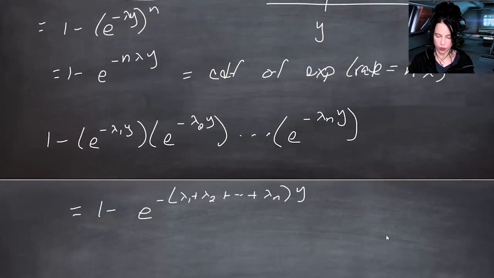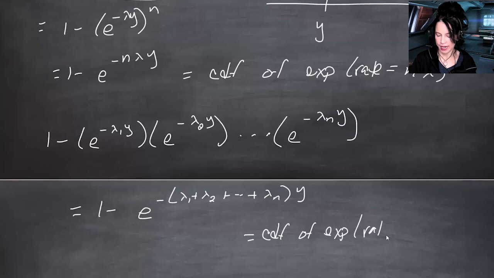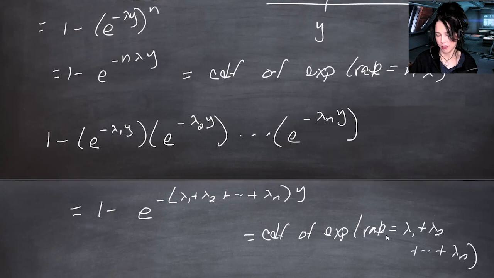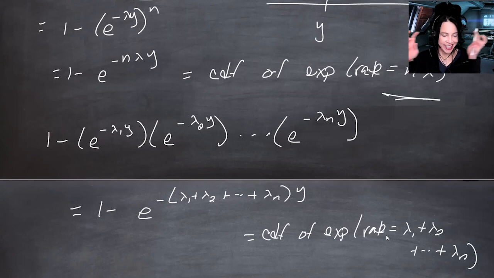So the minimum here is the CDF of an exponential with rate lambda 1 plus lambda 2 plus out through lambda n, which jives with what we have up here, because if all of those are lambdas, then that sum is n lambda. That's why we're allowed to combine the lambda exponentials with the theta exponentials. We get to add the rates.